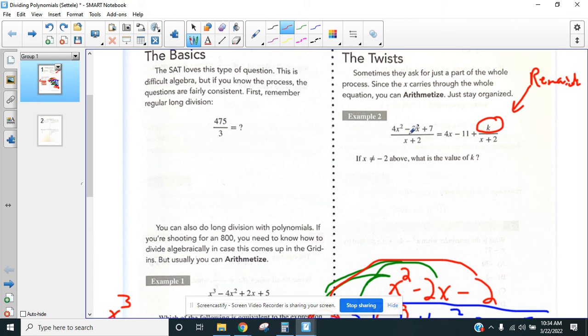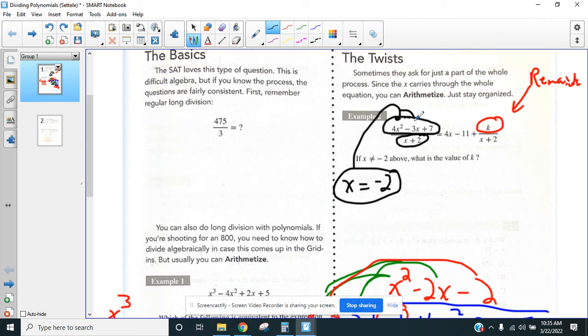So you could divide all that out and waste a lot of time, or you can plug in the opposite of this. That's how you can find your remainder. So try that right now. Plug in negative 2, and where do we plug it in? We're plugging it in up top here to the thing with which we are dividing right there. Plug it in. That will spit out your remainder. The remainder theorem saves a lot of time.